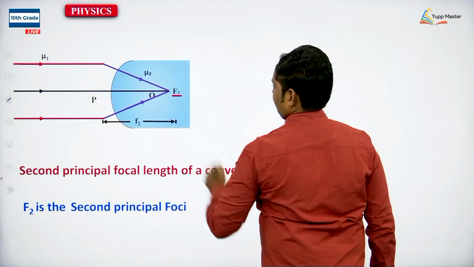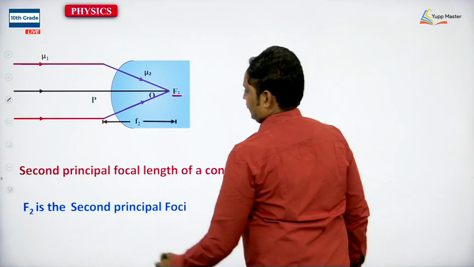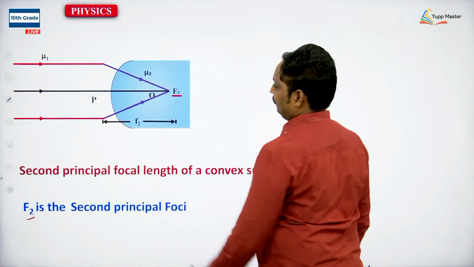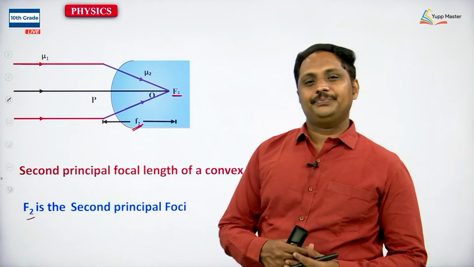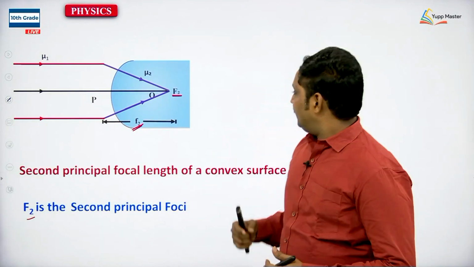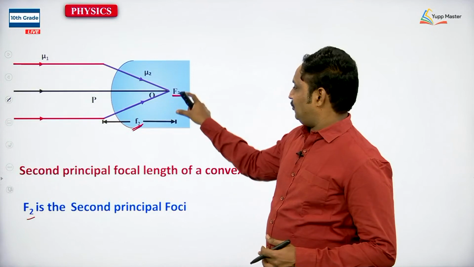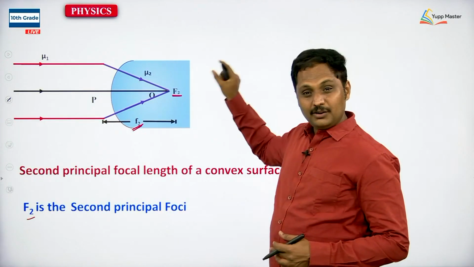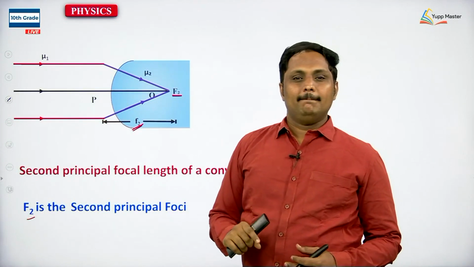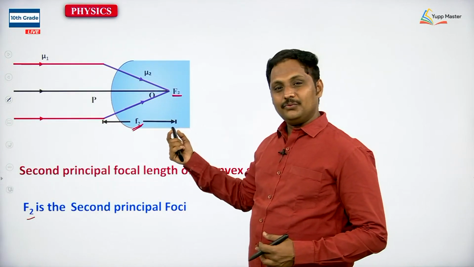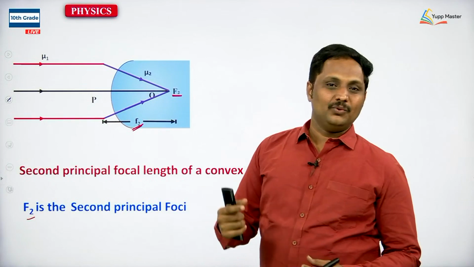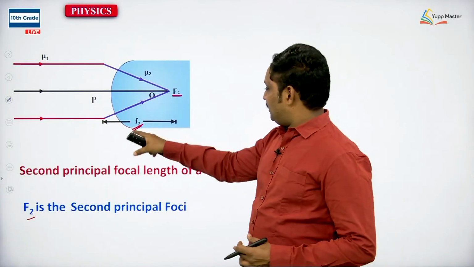This is F2, the second principal focal length F2. You can easily identify the position of the second principal focus, and also the focal length, the second principal focal length F2, it is going to be here only.